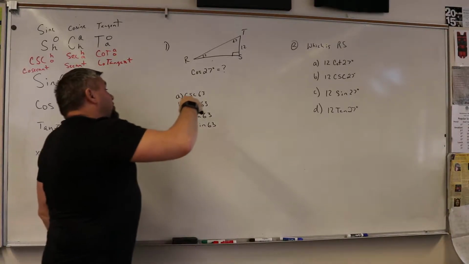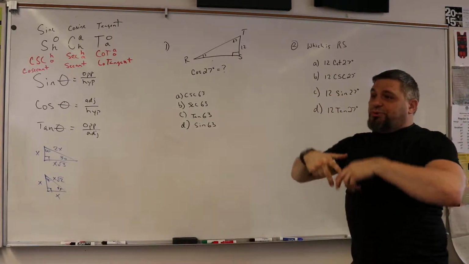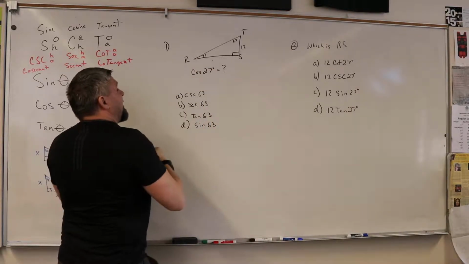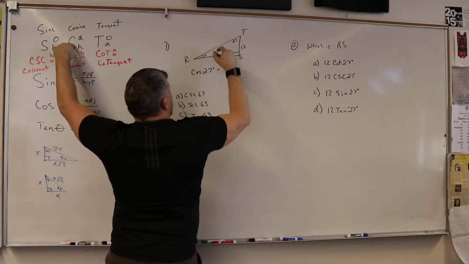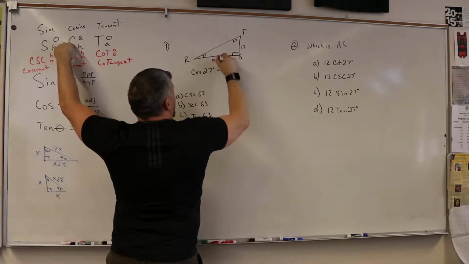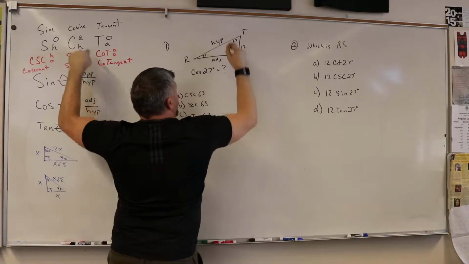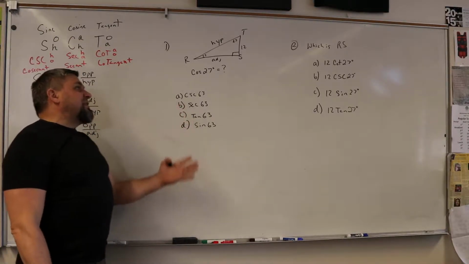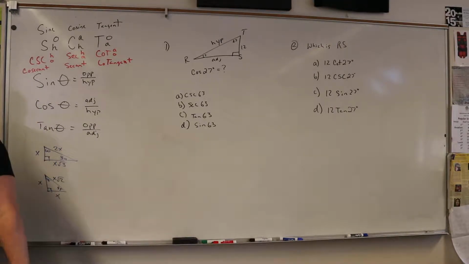So to do these, they're asking you, what is cosine? Well, cosine of 27 degrees is adjacent over hypotenuse. We don't have either of those, but what they're asking you is, what's the same thing?